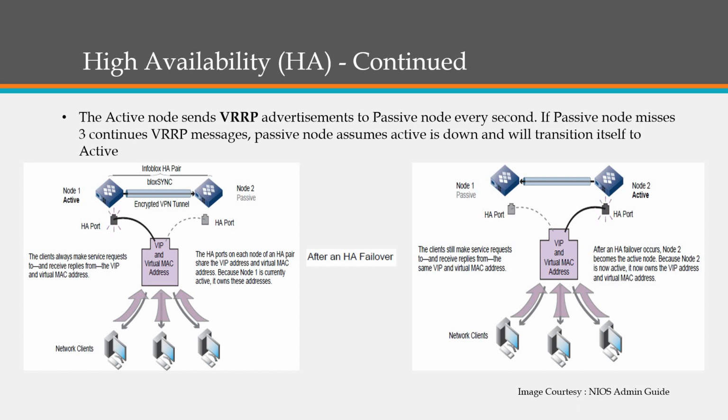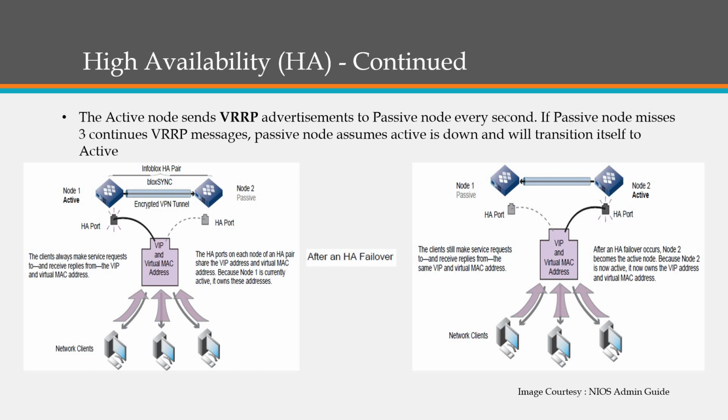Okay, whatever I've explained right now is only a portion of what there is to learn in high availability, because high availability is a really complex topic, and there are multiple complex scenarios. Let's say both the active and passive nodes are up, and the connectivity between them is broken, so the passive will not be getting any VRRP advertisements.